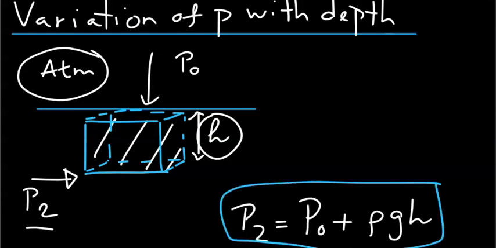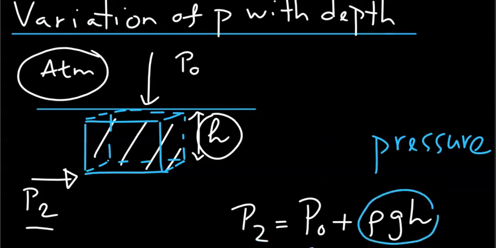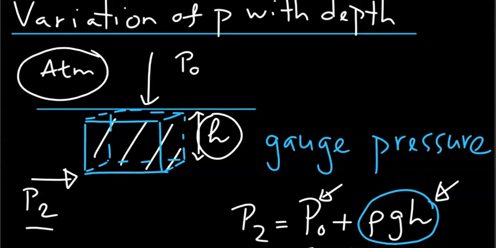So P2 is called the total pressure at that depth, and the term rho GH is called the gauge pressure. So if in a problem you are asked to compute gauge pressure, just compute the difference. If you want to determine the total pressure, add atmospheric pressure to it. So an important conclusion of this analysis is that the pressure increases with depth.